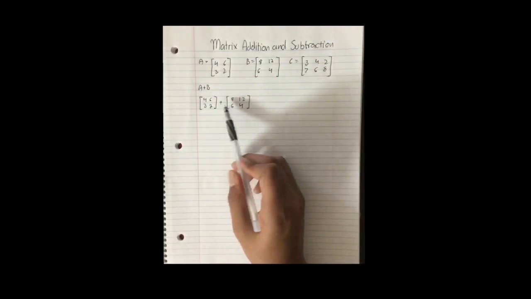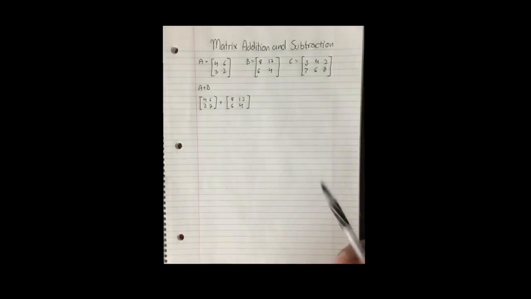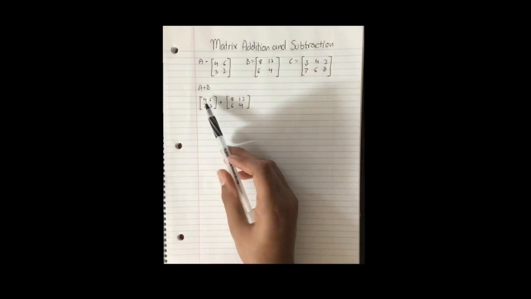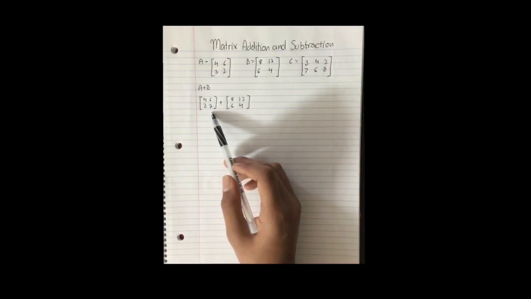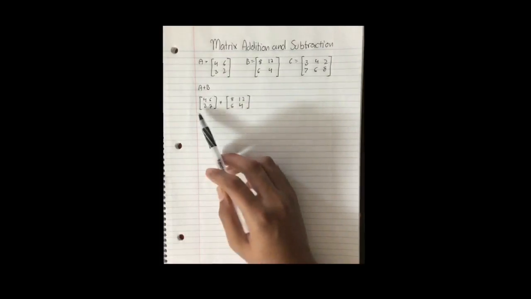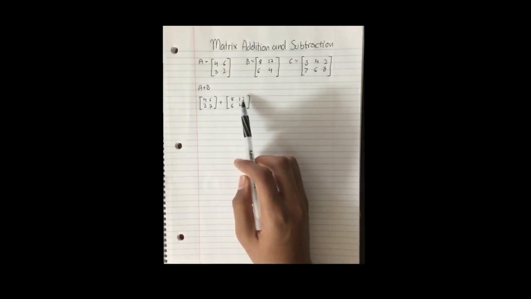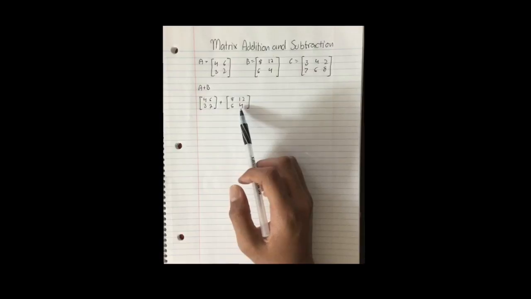As you can see, we have 4 different numbers in both the 2 by 2 matrices. So I'm going to call the top left value number 1, the top right value number 2, the bottom left value number 3, and the bottom right value number 4. Same goes for both of them.